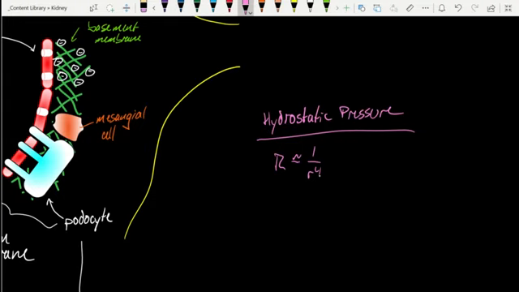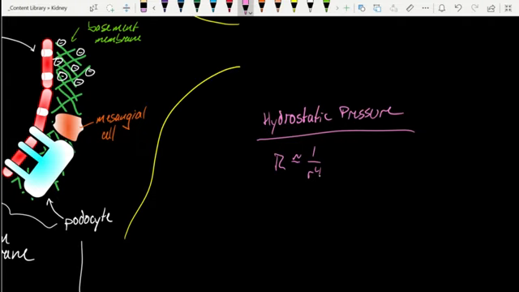And I can use this to my advantage as I regulate hydrostatic pressure coming into and out of the endothelial cells. I think it hopefully makes common sense that the higher the pressure, the more filtration is going to happen. The more I can force fluid, plasma, and its dissolved contents to leak through these fenestrations and past the filtration membrane, the barrier set up by the podocytes, the barrier set up by the negative charges in the basement membrane.